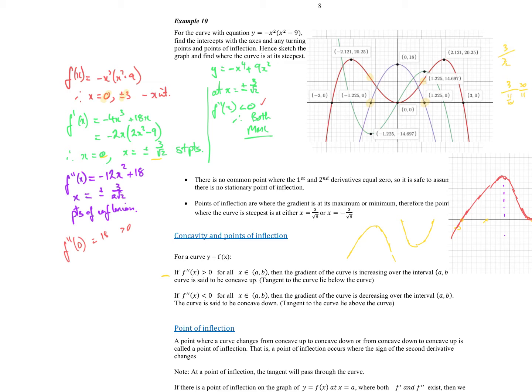So it's saying the tangent will lie below the curve. So there's my tangent line. Whereas for a concave down curve, the tangent lines lie above the curve. All right. If we have a point of inflection, oh, that's a bad point of inflection.